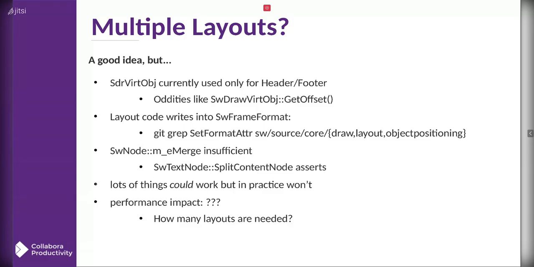And then there are some funny implementations here, like this get offset function, which essentially tells you what is the offset of the virtual object relative to the real object, which makes sense if you know that the real object is on a previous page. But if the virtual objects are in different layouts altogether, this is not a function that makes sense.